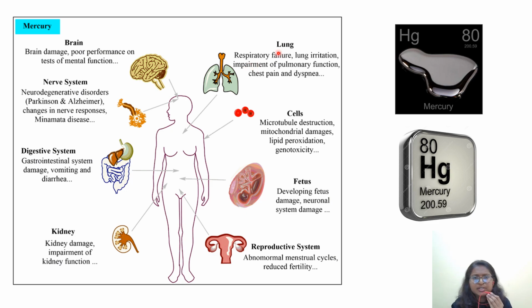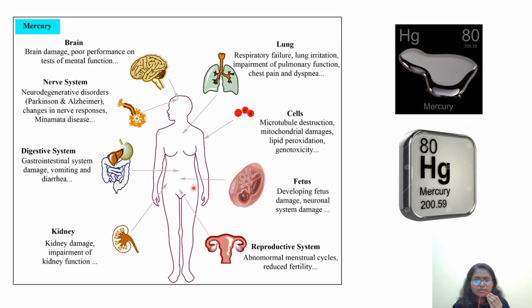Whenever a person is exposed, mercury affects the lungs. It causes respiratory failure, lung irritation, impairment of pulmonary function, chest pain and dyspnea, that is, difficulty in breathing. At the cellular level, it is causing microtubular destruction and mitochondrial damage. In the previous slide you saw lipid peroxidation, and it is also causing genotoxicity, meaning it is causing DNA damage. Remember this point, very important.